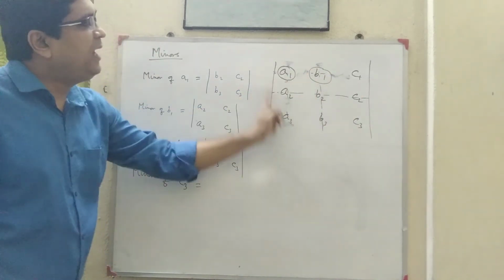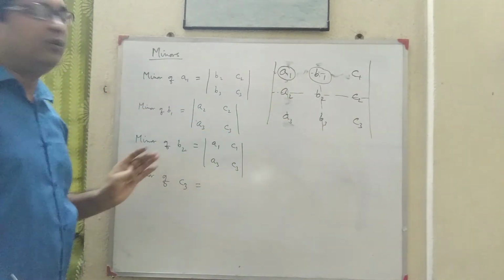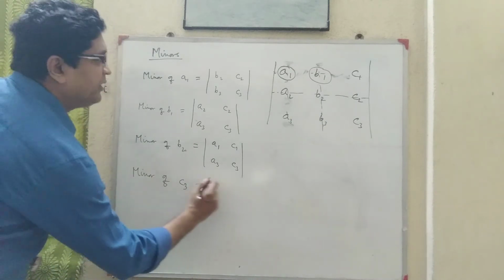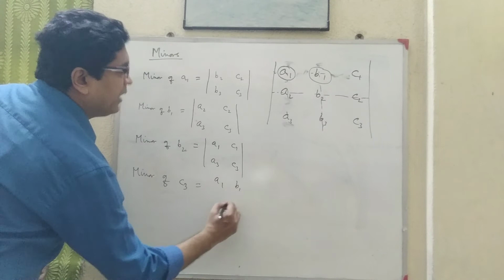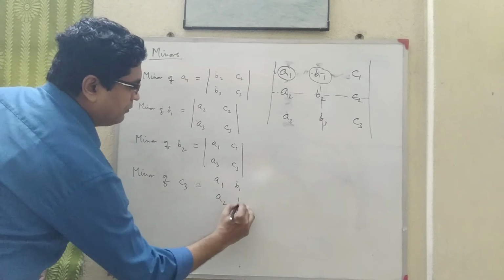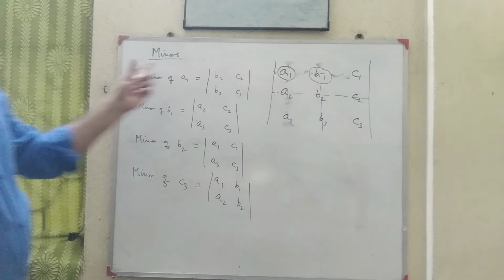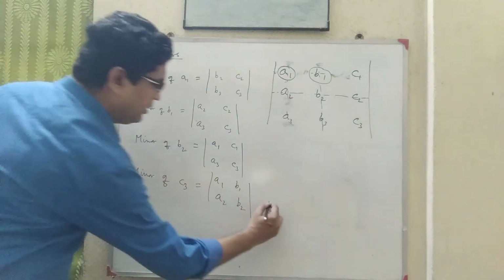The remaining elements, that is A1, B1, A2, B2, in determinant form will represent the minor of C3. So the minor of C3 will be A1, B1, A2, B2. This way we can find the minor of each element.